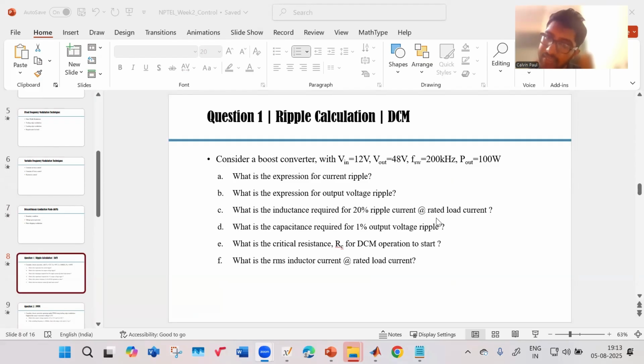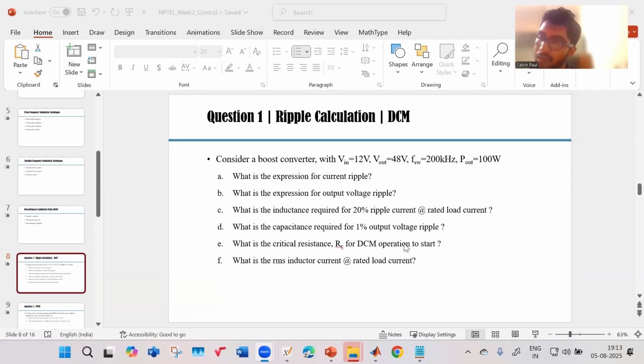Then we considered that rated load current is there, so with rated load current, approximately proportionally, your rated average inductor current will be there. We found 20% ripple current for that value. Then we found the capacitance required for 1% output voltage ripple from the previous expression.